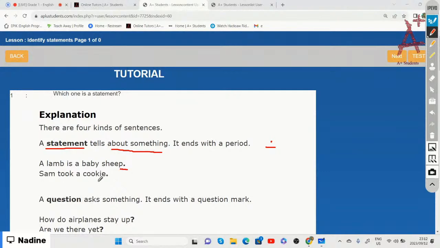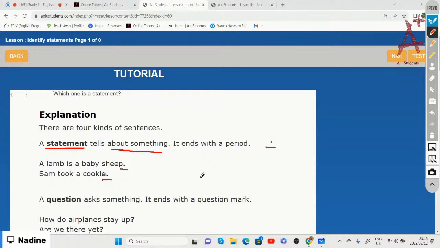Another is: Sam took a cookie. You are telling us that Sam took a cookie, and it also ends with a period. And that is a statement. So a statement tells us about something.